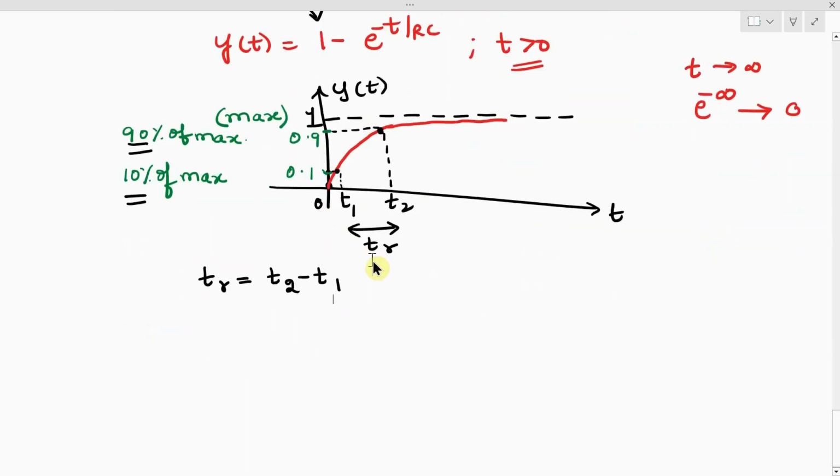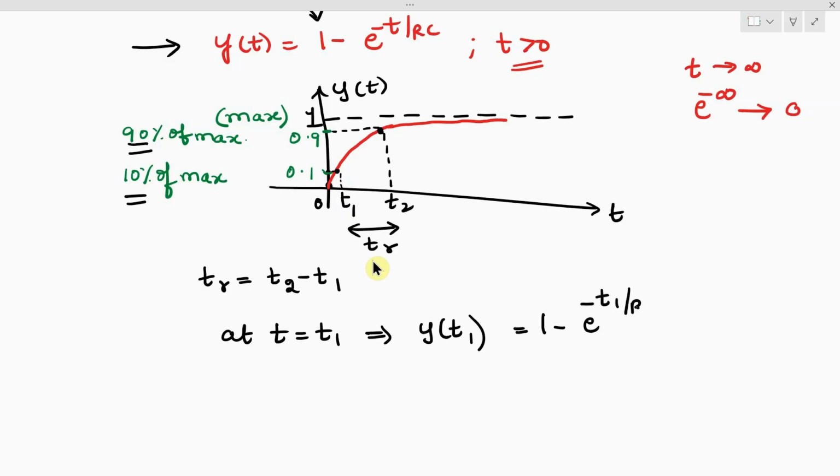Now let's evaluate this based on the plot. At what time is the output 10% of maximum? T1. Right. So at t equal to T1, I am going to evaluate the output y of T1 using this equation. Wherever you have t, replace it with T1: 1 minus e power of minus T1 by RC. And what is the value at t equal to T1?